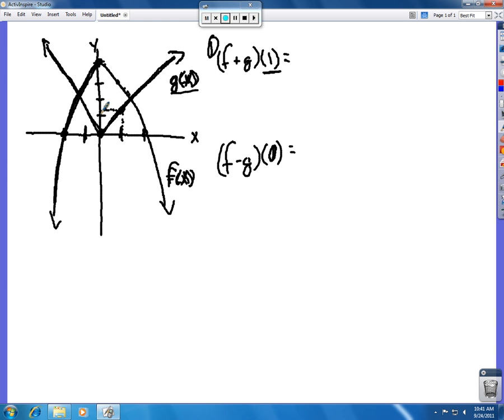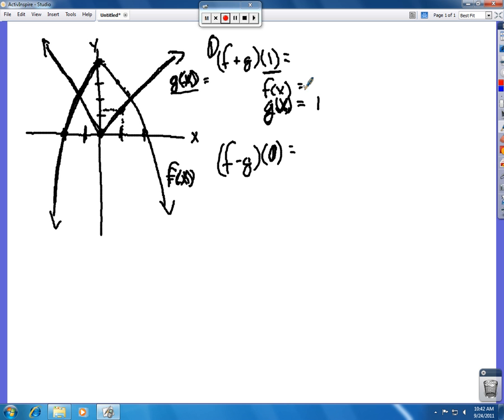My drawing's not that great, but it should be where y is equal to 1 for g of x. So for g of x, where x is 1, you're actually going to have a y value of 1. So your output will be 1.